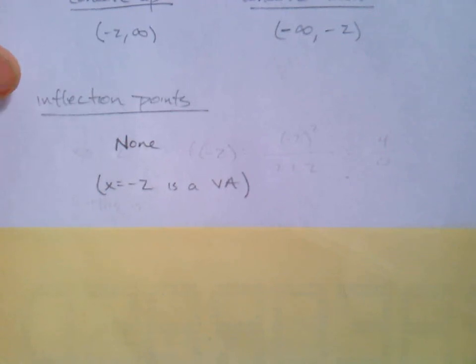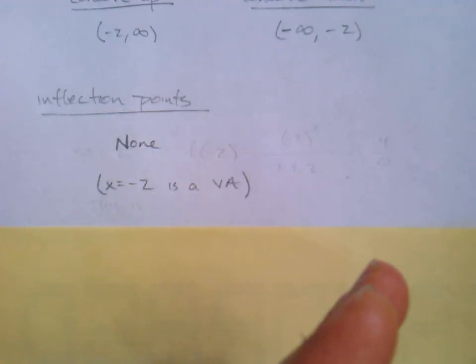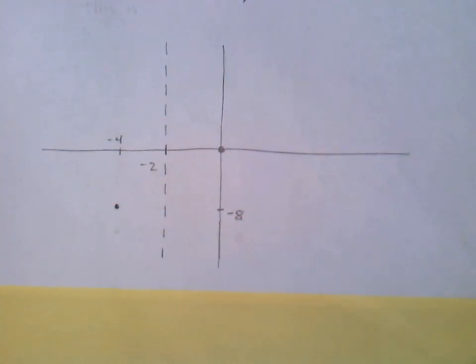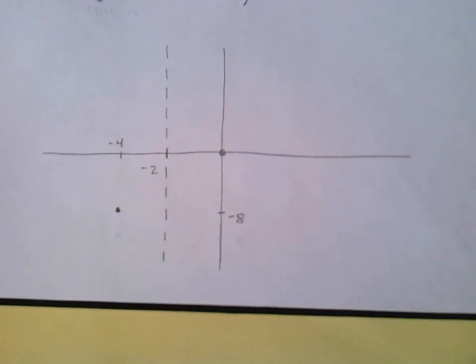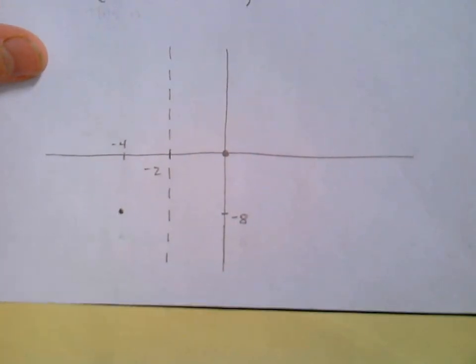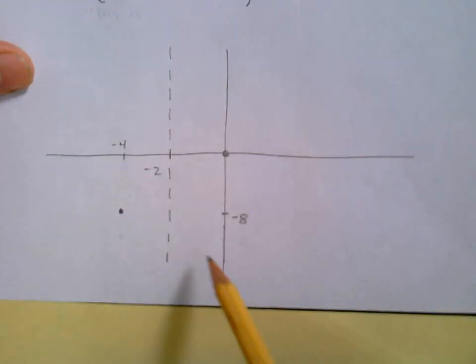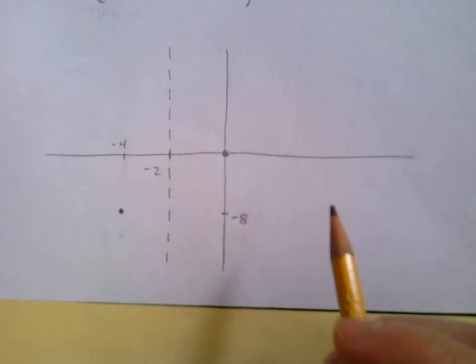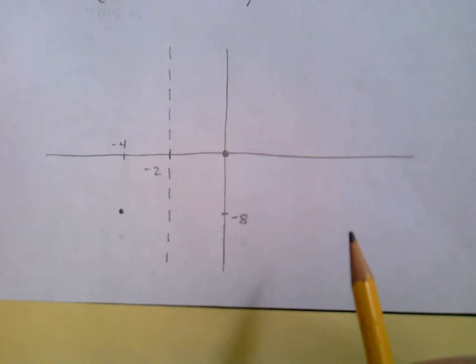Okay. Now we're going to bring all this information together to graph. So what I did here at the bottom of the page, I just got it started. I drew a nice XY plane, okay? And then I plotted the points that we found. Turns out there were only 2 points.